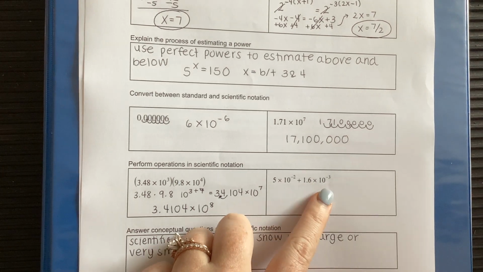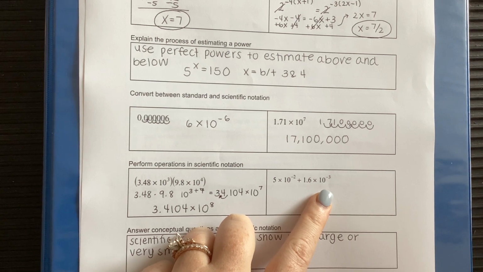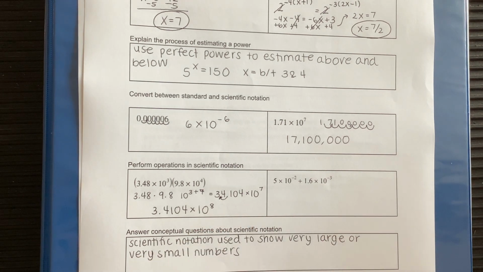So right now we have -2, we have -3. So you cannot add those two together right off the bat, like you can't add 5 and 1.6, because they don't have that same exponent right now. So you need to choose to change one to meet the other, and you can choose either one, it's fine.